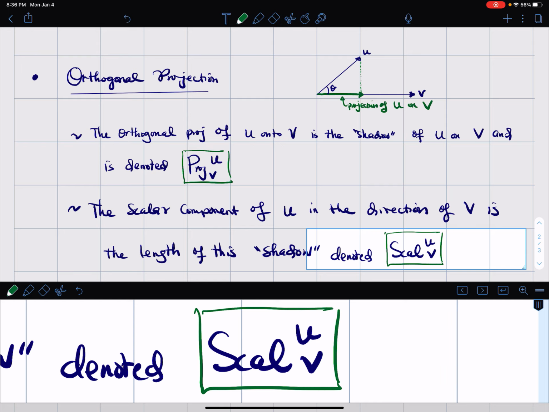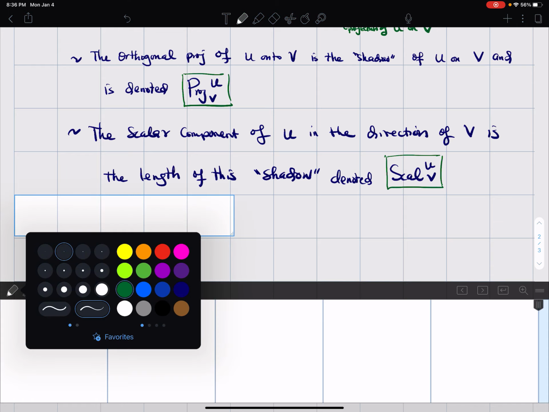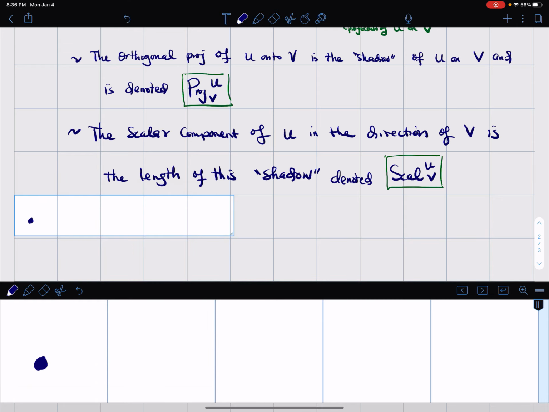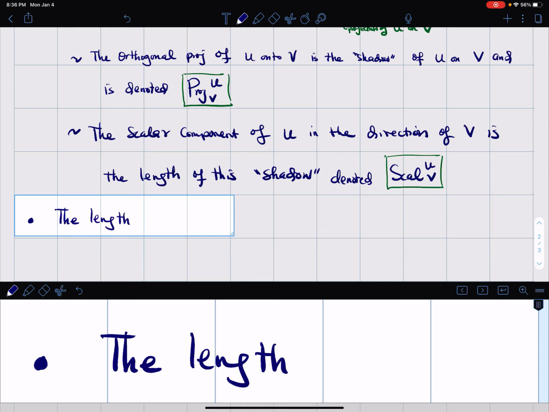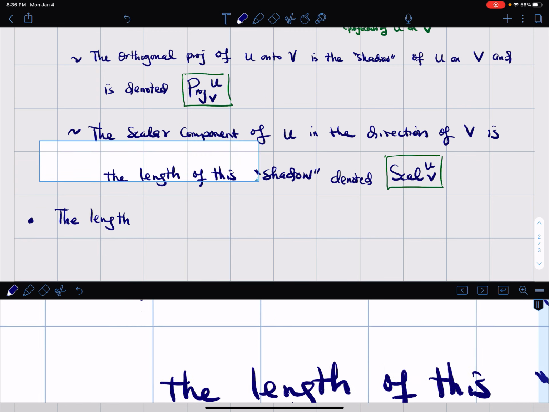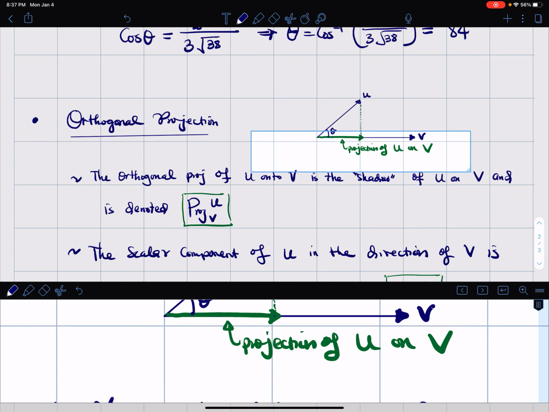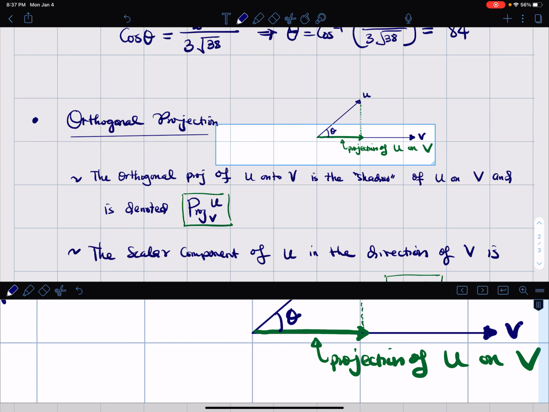All right. Let's figure out how to calculate this. Let's make an argument. The length of this shadow, the length of the green shadow, the length of the projection.